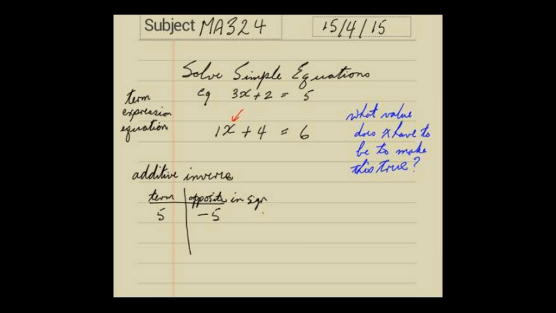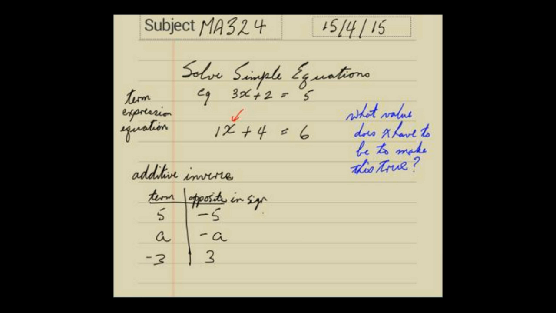If I have a, the opposite in sign is minus a. If I have minus 3, the opposite in sign is 3, which is positive 3. These are called the additive inverses, and the additive inverse is always something that we will have to use to solve an equation.